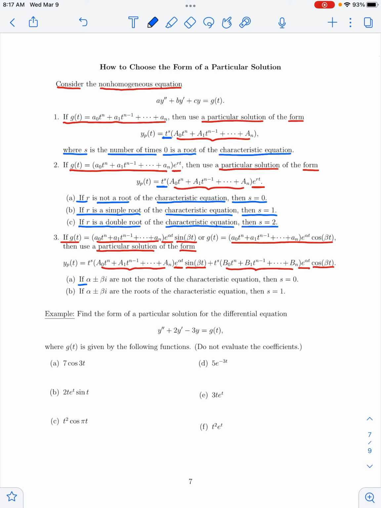So as long as alpha plus or minus beta i are not roots of the characteristic equation, then we don't have to multiply by a factor of t out in front. In other words, we would multiply by t to the 0, or just 1. But if alpha plus or minus beta i was a root of the characteristic equation, then these terms would already appear in the homogeneous solution, and we would have to multiply by a factor of t out in front.